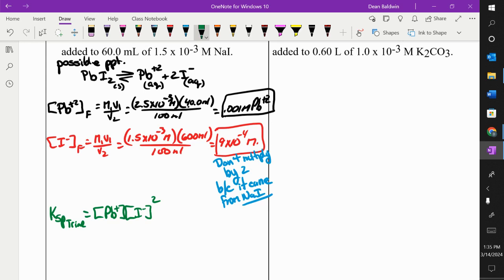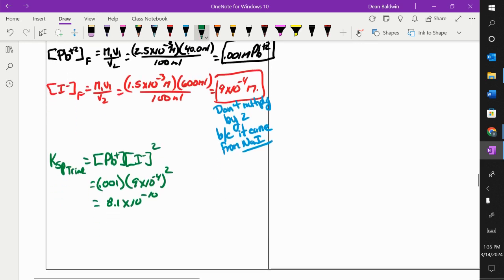What's the concentration of lead? 0.001. What's the concentration of I minus? 9 times 10 to the minus 4. That number goes into the equation, squared. So then if you do that, you get 8.1 times 10 to the minus 10. Okay? So this is our KSP trial.